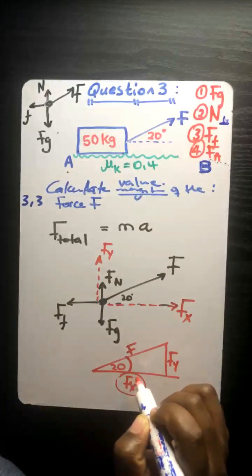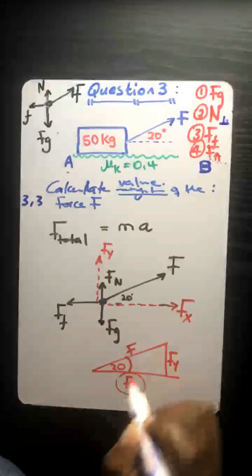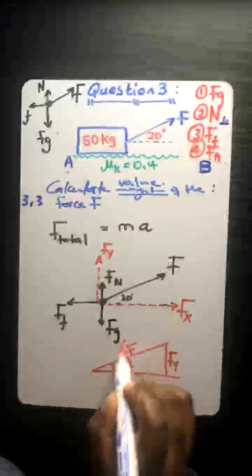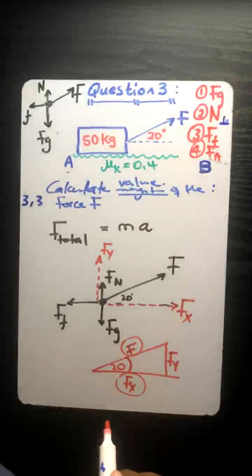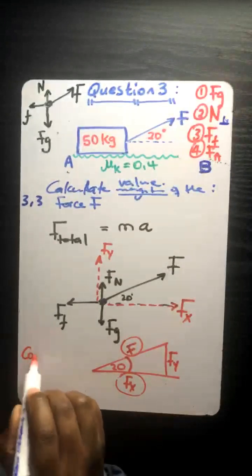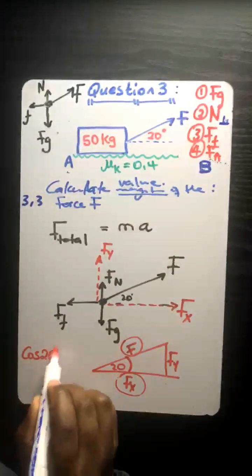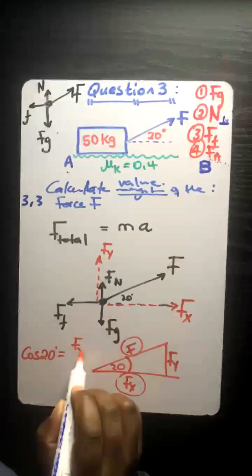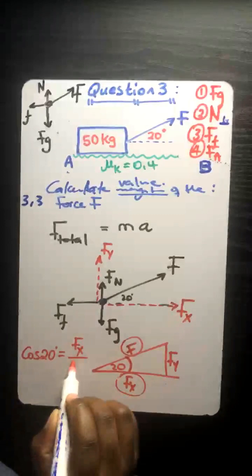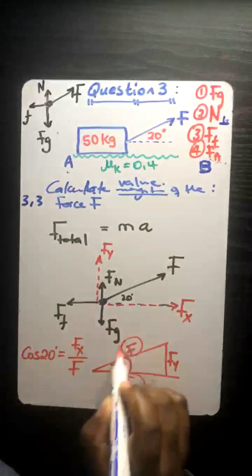I think it's cos. Is it not cos that has adjacent and hypotenuse? Yes, it's cos. So now that means cos of that angle is equal to adjacent, adjacent being Fx, over that F being the hypotenuse.